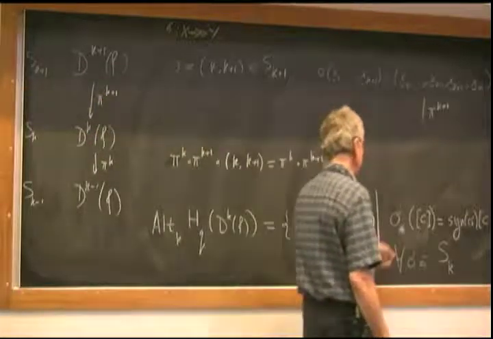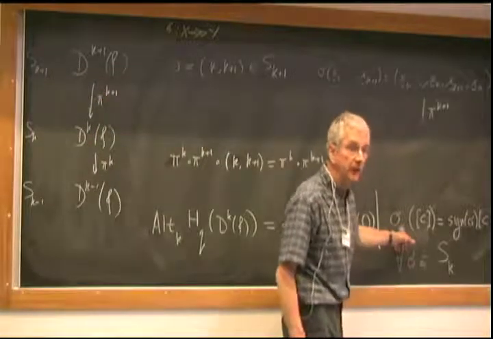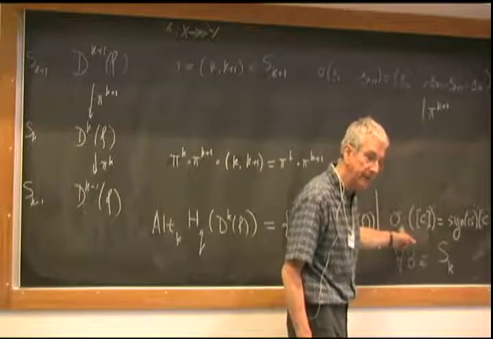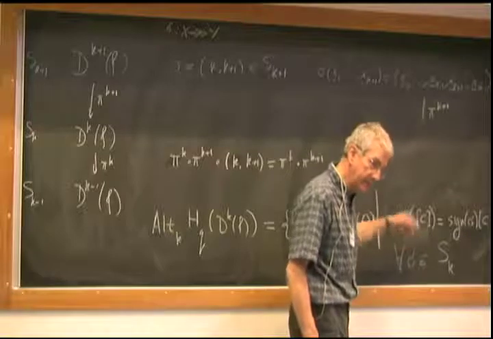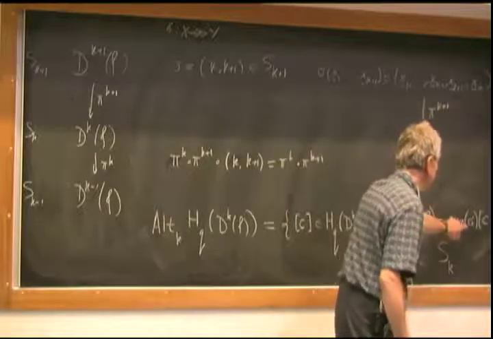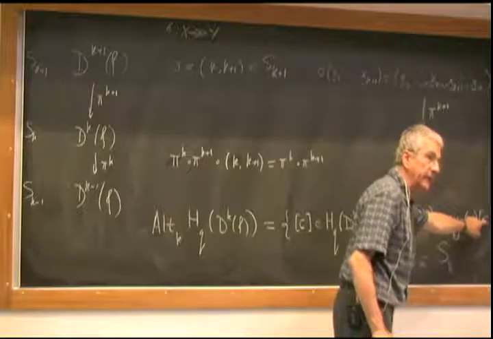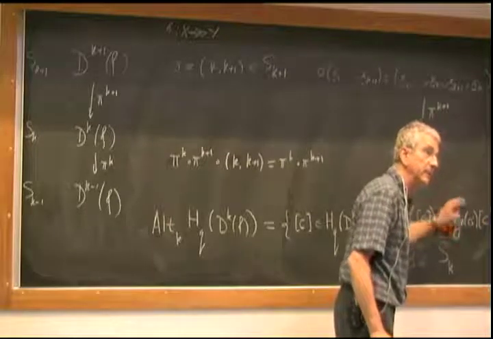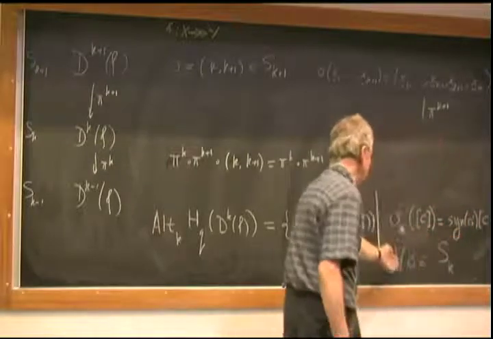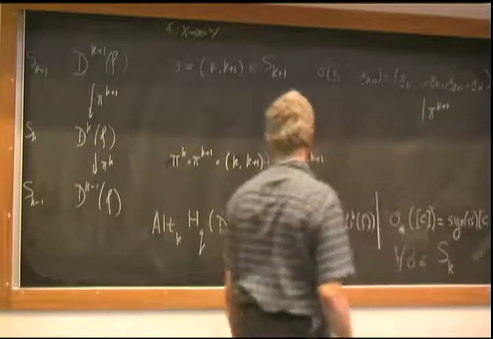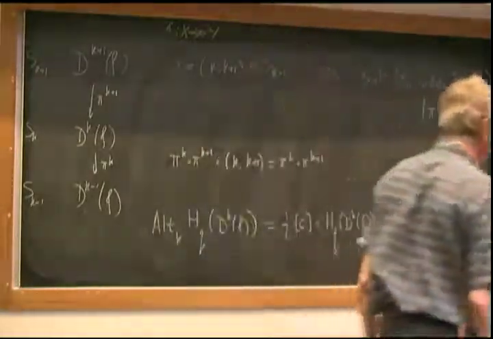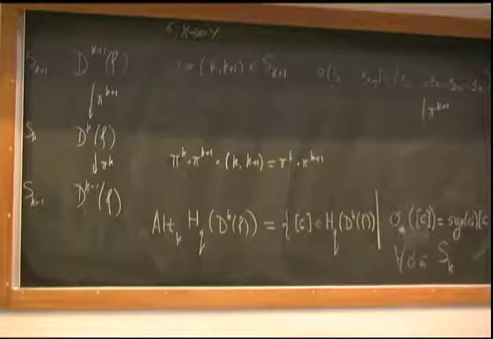And that map is denoted sigma lower star. If you've got a continuous map, the thing it does on homology is the map lower star. Sigma lower star of this homology class should be either the homology class itself, if sigma is an even permutation, and minus the homology class if sigma is an odd permutation. That's what I want. This should be true for all of the sigmas. So that's called the alternating homology, or rather, the alternating part of the homology.